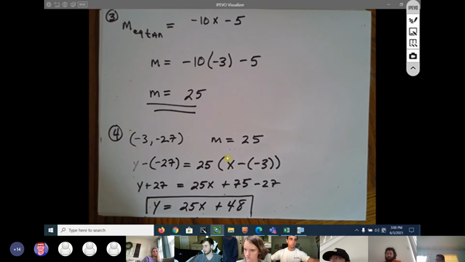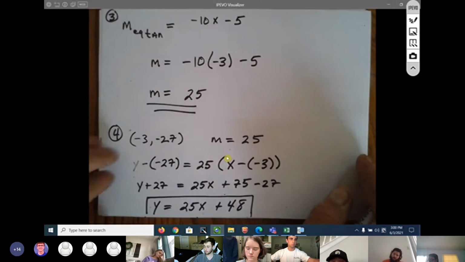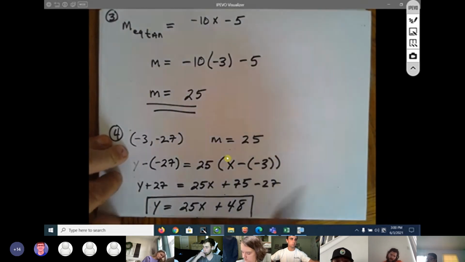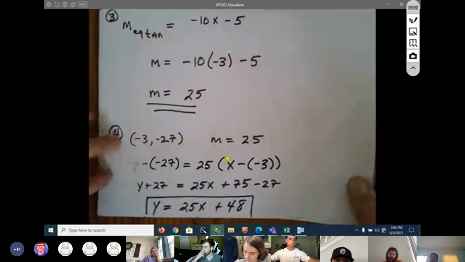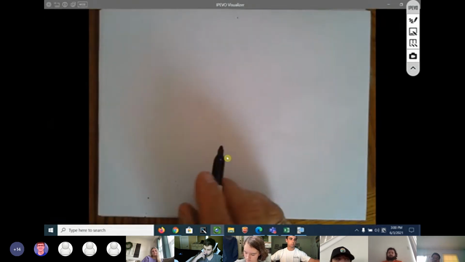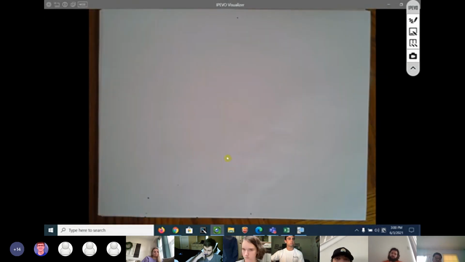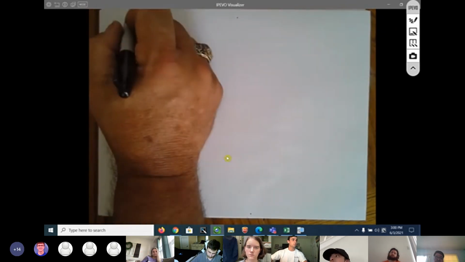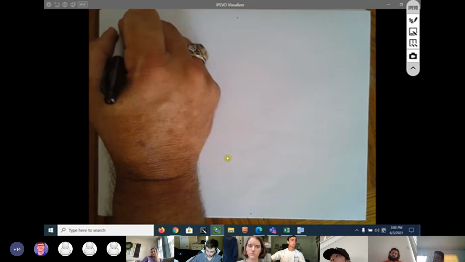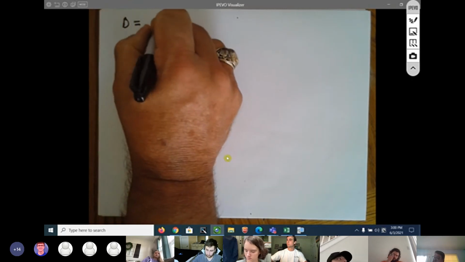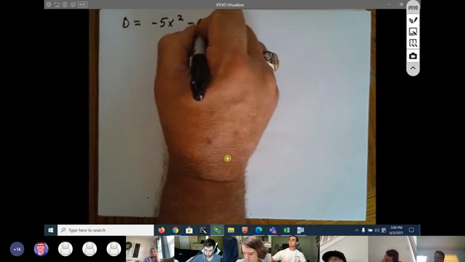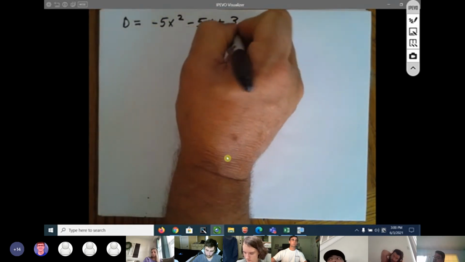We sketch it, don't we? Yeah. Well, I have no idea where this one's going, so I'm going to use completing the square so I can figure out where it's going. You don't have to do this. Y'all can do it on your calculator, okay? f of x equals 0 is negative 5x squared minus 5x plus 3.